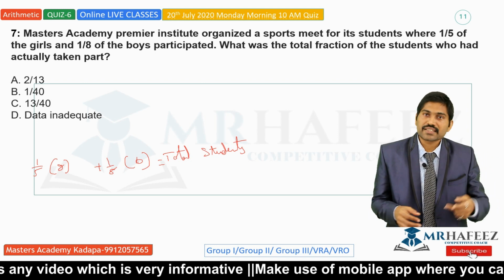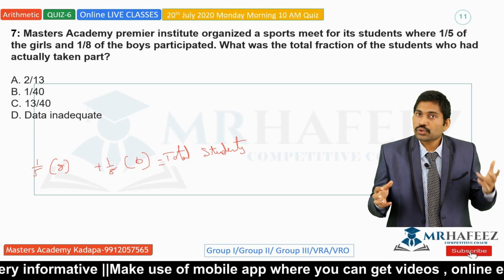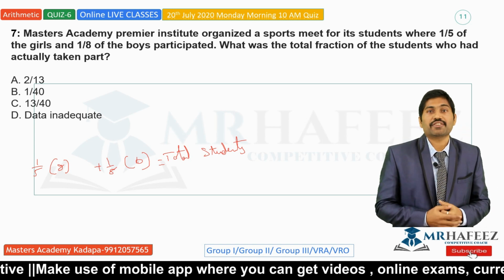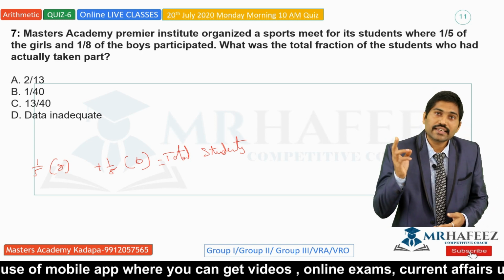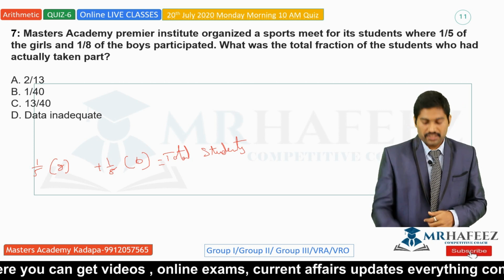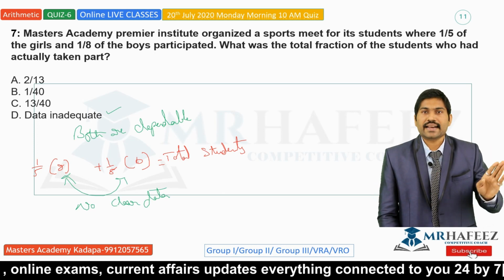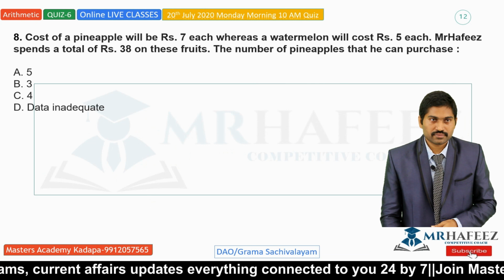The two variables are present and I have only one equation. How can I solve? I require two equations, but I am getting only one. So it is not possible, it's dependent. So data inadequate.